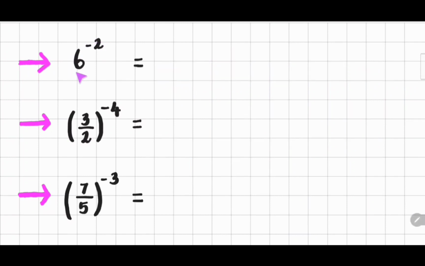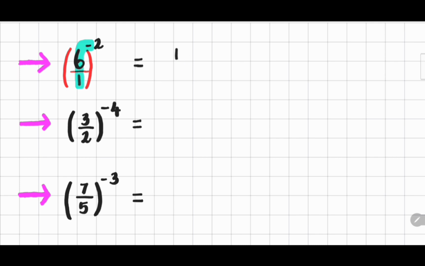Here we have 6 power minus 2. 6 can be written as 6 by 1. Now this exponent minus 2 is included for both 6 and 1. Let's apply the steps. The very first step says that if we give negative alone to the base, it becomes reciprocal.